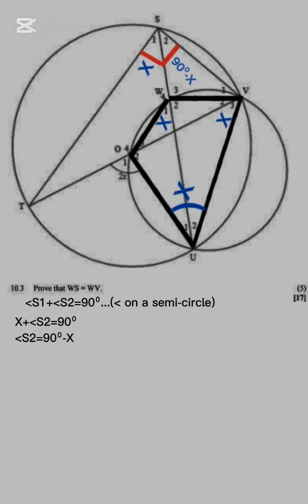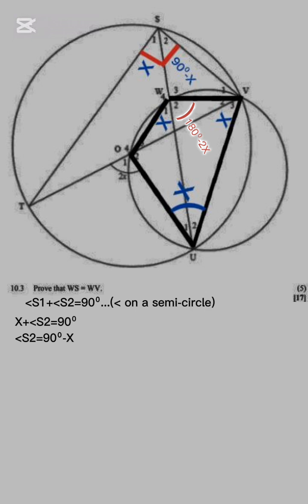We already know that angle W2 is equal to 180 degrees minus 2x. We have proven that in question 10.2. Another thing about angle W2 is that it is the exterior angle of triangle WSV. What you know about the exterior angle of a triangle is that it is equal to the two opposite interior angles.